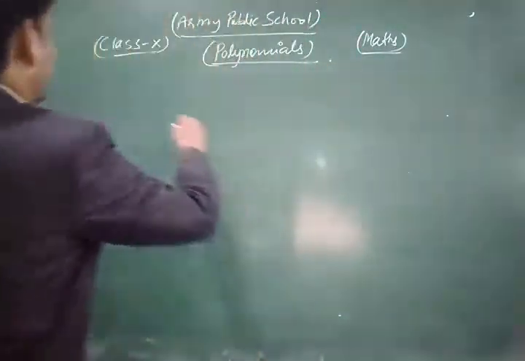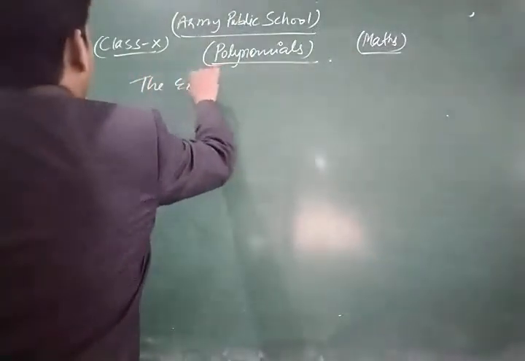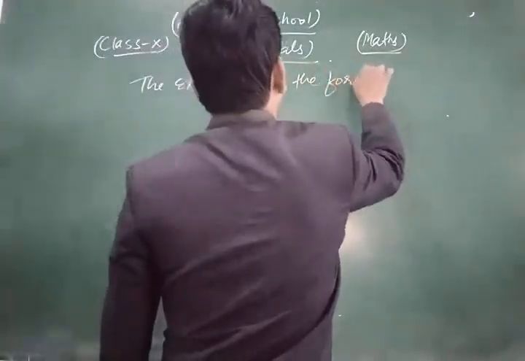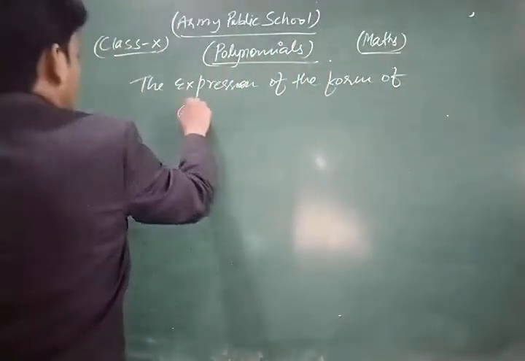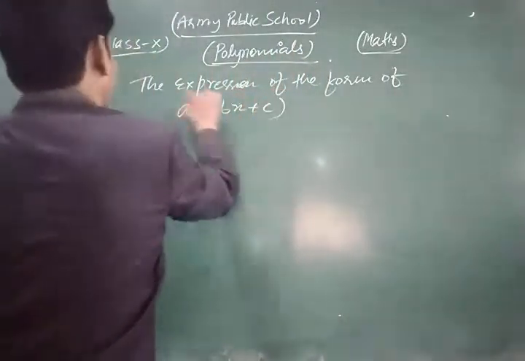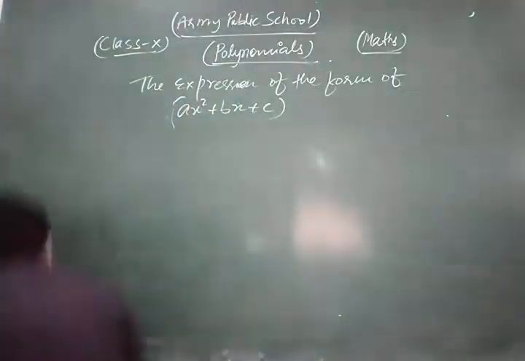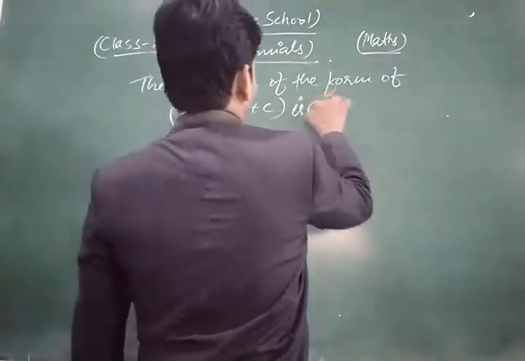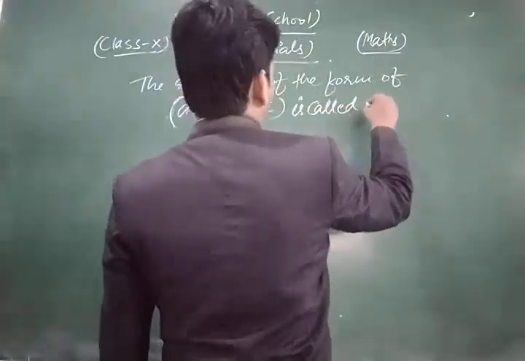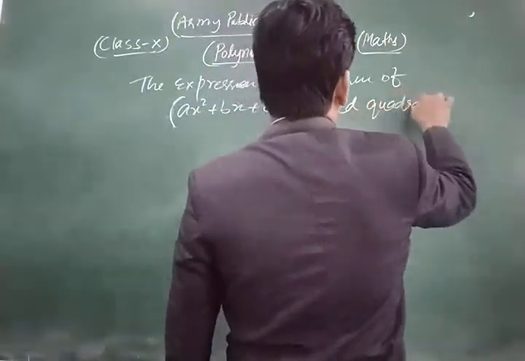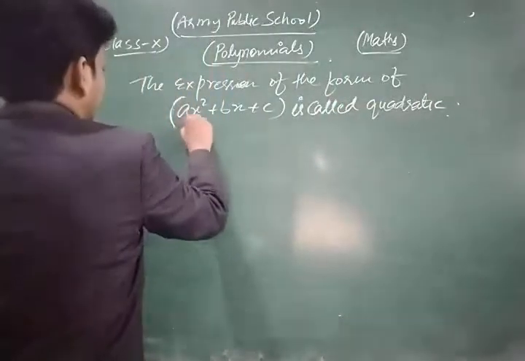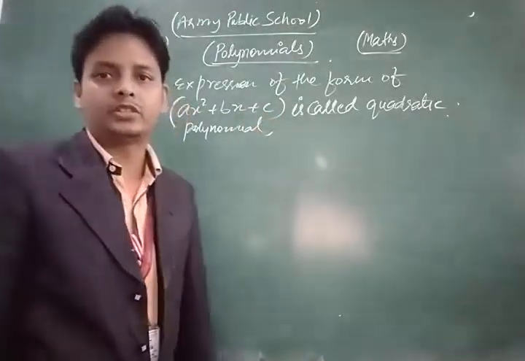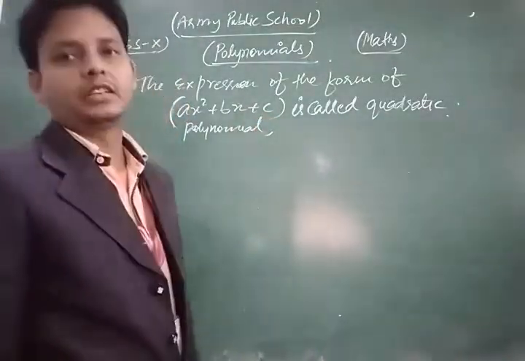Okay, so dear friends, an expression of the form ax square plus bx plus c is called a quadratic polynomial.